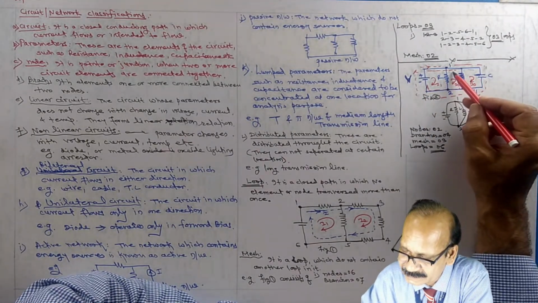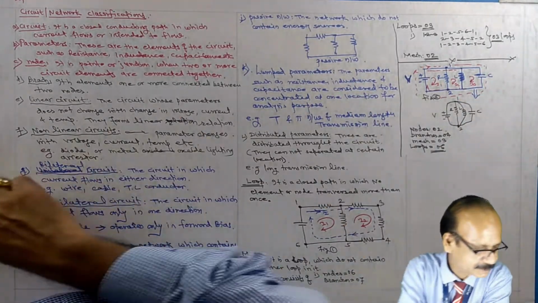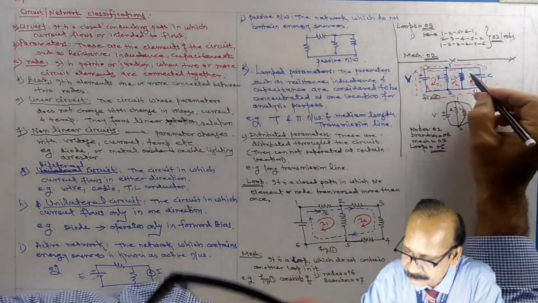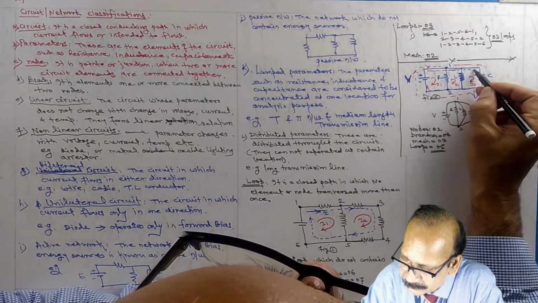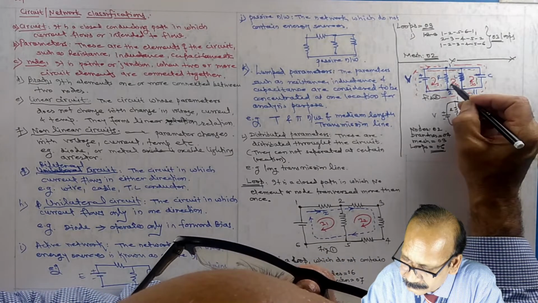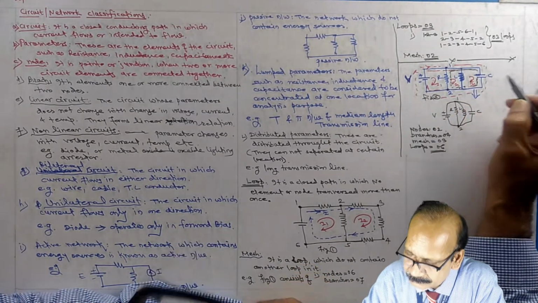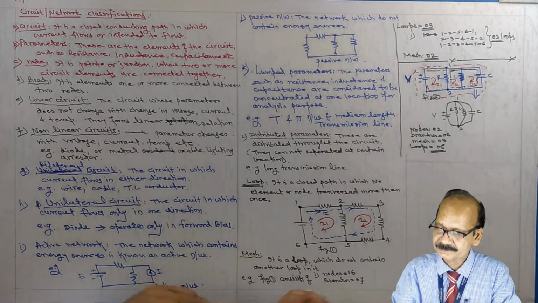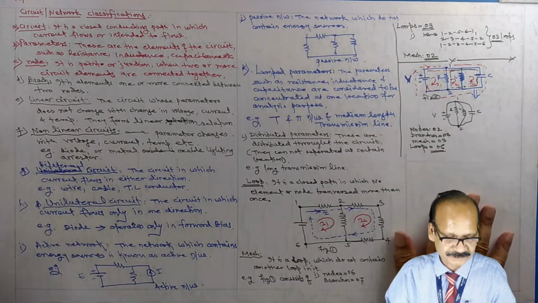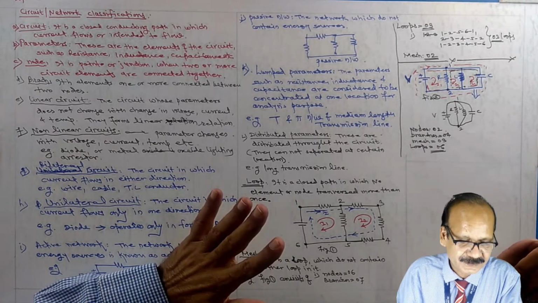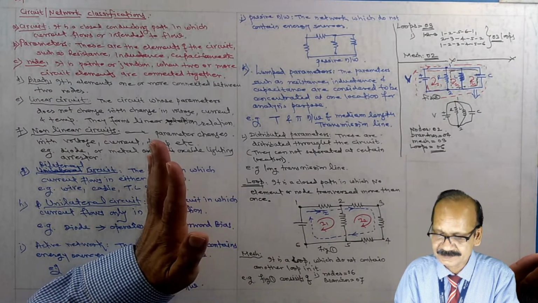And one more is between these. So it has just 6 loops. I hope you understood the terminologies and classification of the network.